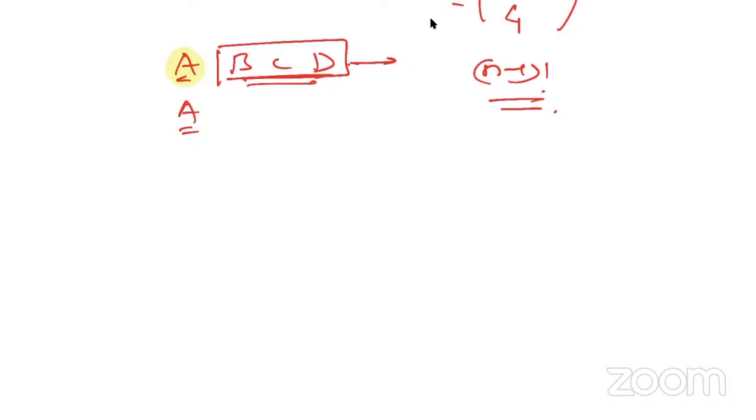So we have to convert linear arrangements into circular ones. So first, for a circular arrangement of n different things, it will be n minus 1 factorial.